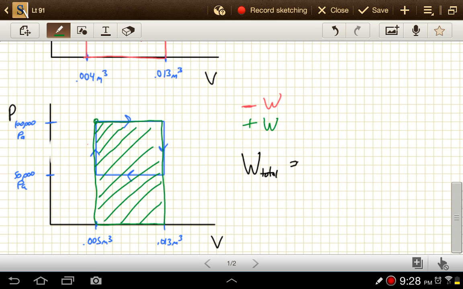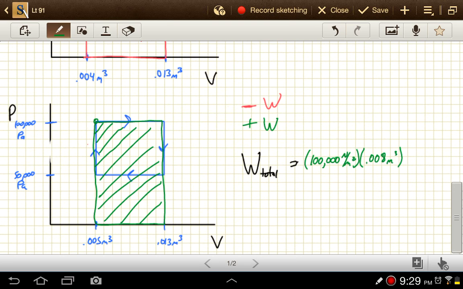So for expansion, we have positive work, and then the value for that is just going to be the area inside this rectangle, which is 100,000 pascals, or newtons per square meter, times the width of this rectangle, which looks like 0.008 cubic meters.